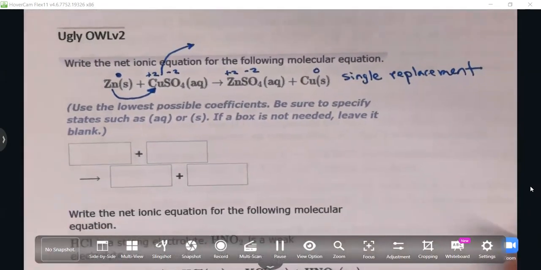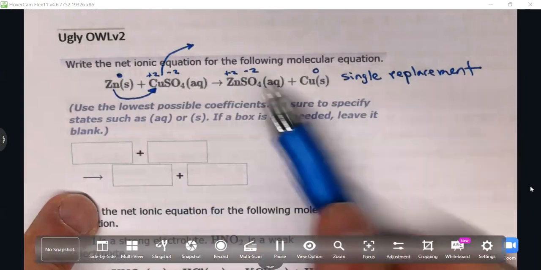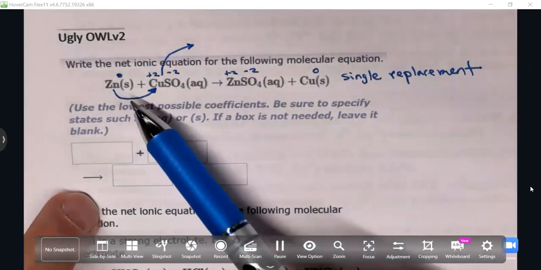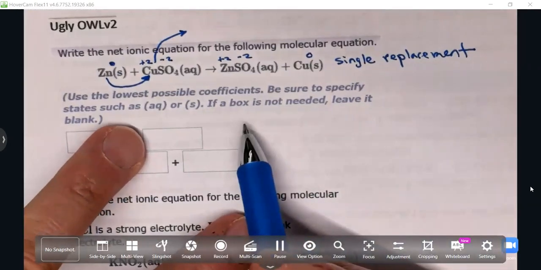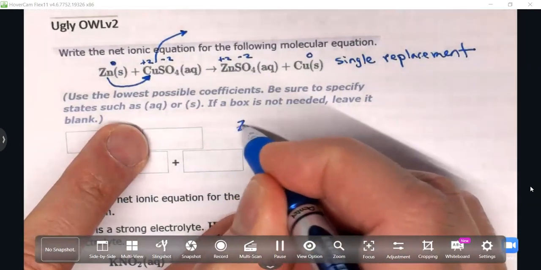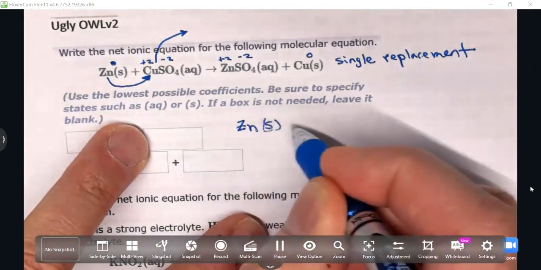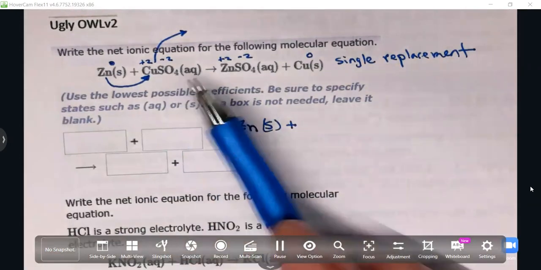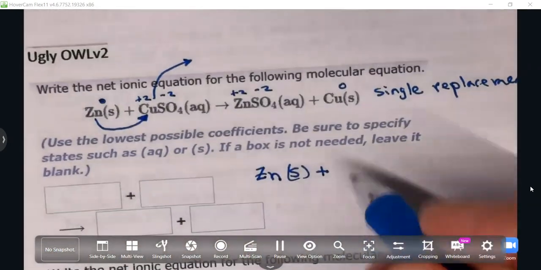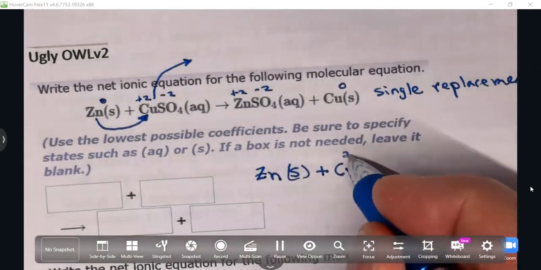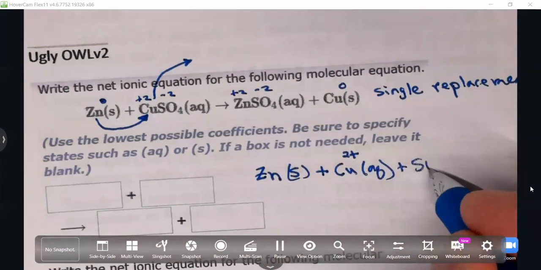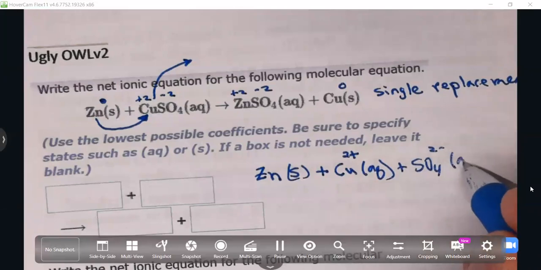If you do not have the same ion charges on both sides, we're going to get a net ionic equation. So let's see what we got here. I'm going to write it out right down here. You have zinc solid plus, if this copper 2 sulfate is aqueous, that is going to be Cu 2 plus aqueous, SO4 2 minus aqueous.